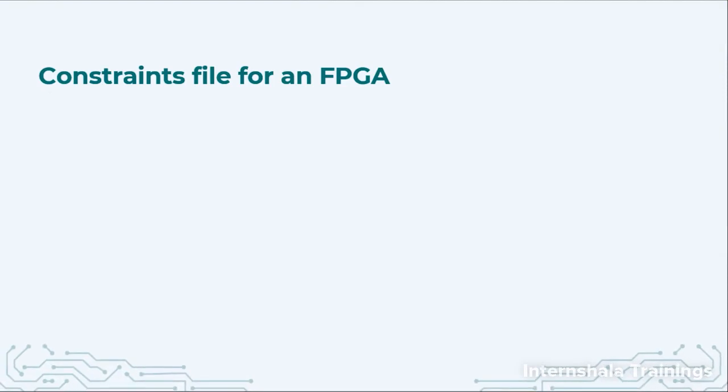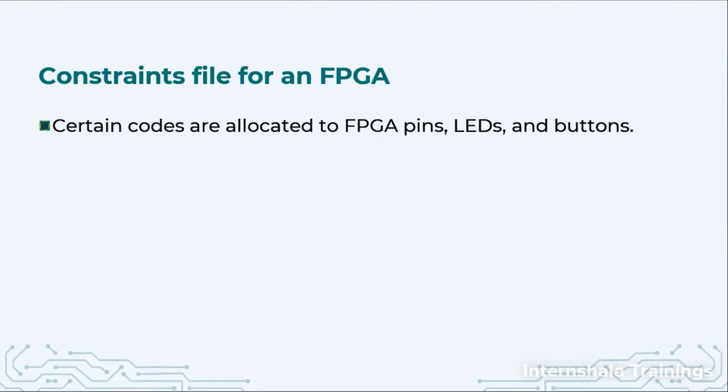So first of all, we should know what is a constraint file. There are certain codes and names and numbers which are allocated and printed on the FPGA for different pins, buttons, switches, LEDs and all.